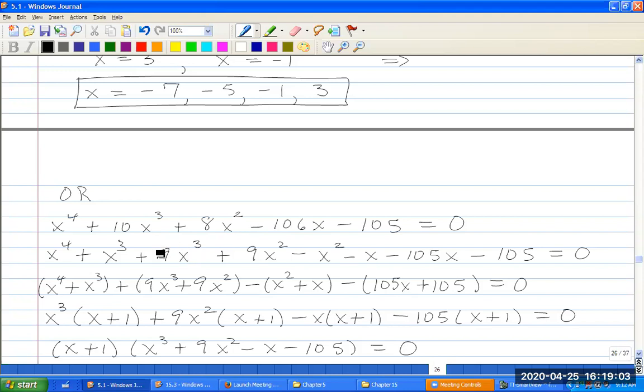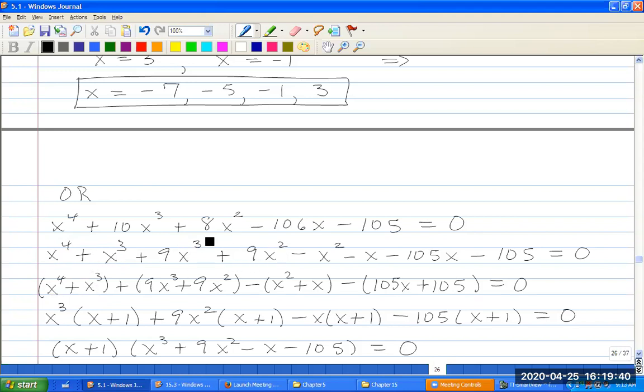So this is a 9. So I want to write this 8 as 9 plus something. So 9x squared minus x squared. So this is a minus 1. Next guy is a minus 1, so minus x. Well, to get minus 106, I'll do a minus 105. And then, well, minus 105x minus 105. So now let's group each pair. So the x to the 4th plus x cubed, I'll group that.